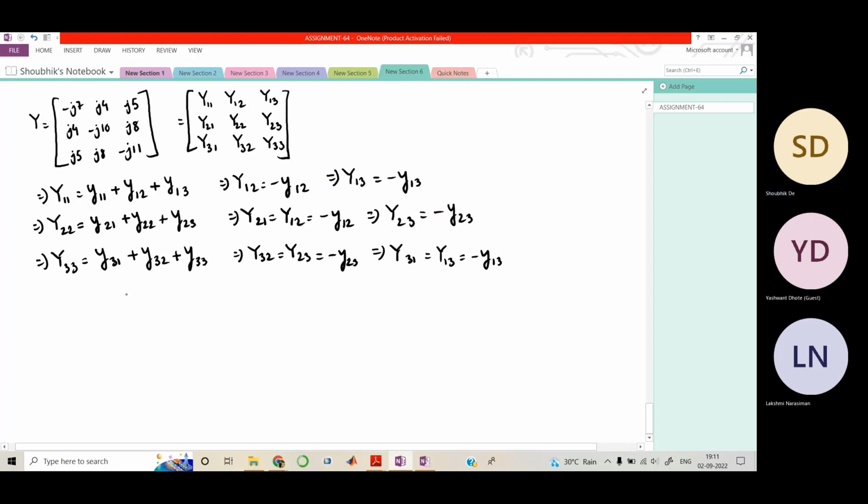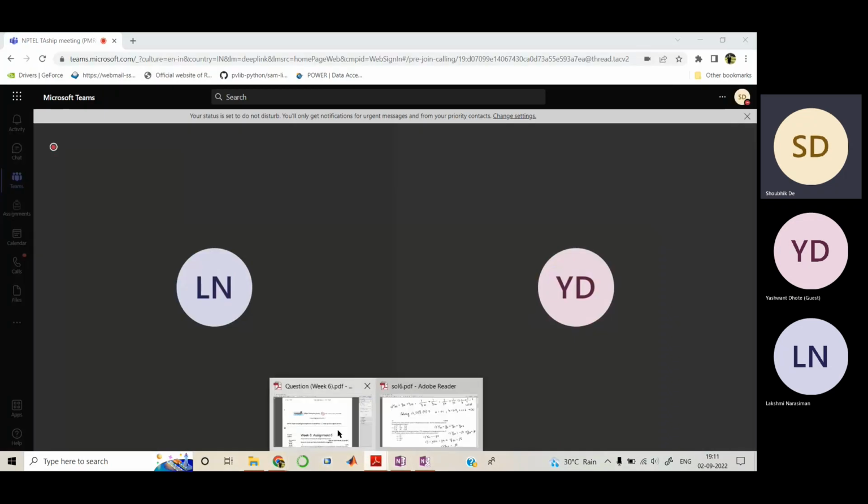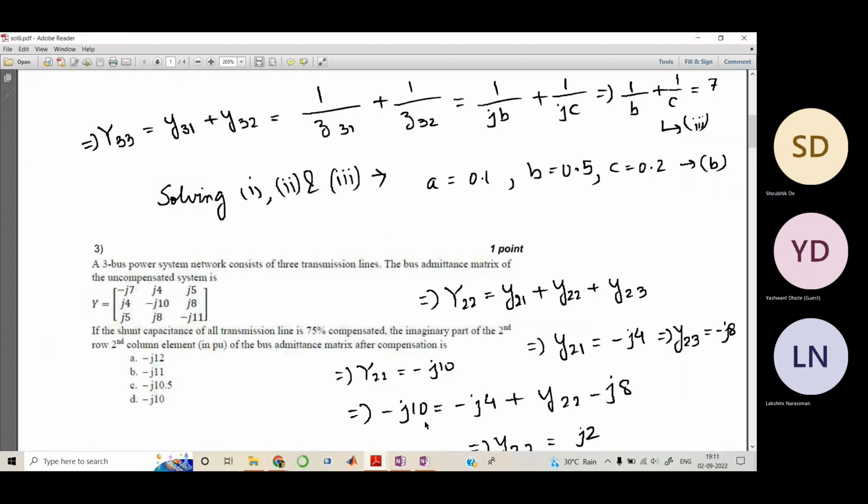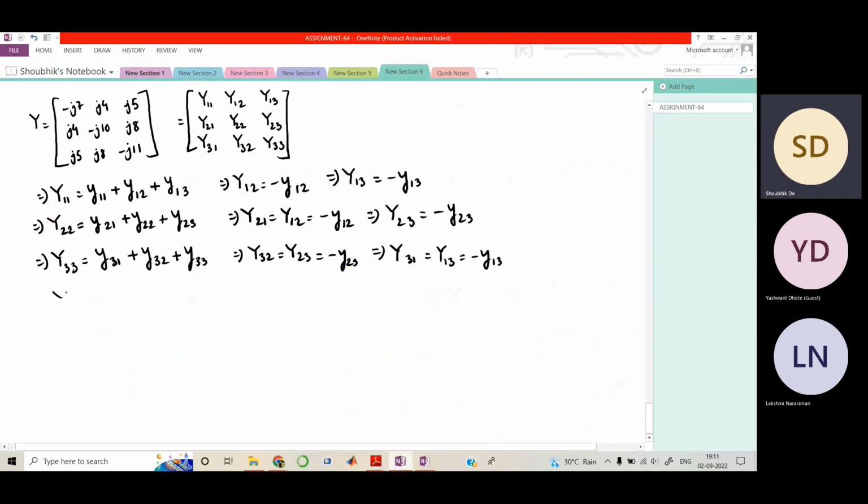So now let us put all the values here. Your y11 is minus j7. We have the matrix here. I am directly writing small y12, which is minus j4, and y13 is minus j5.